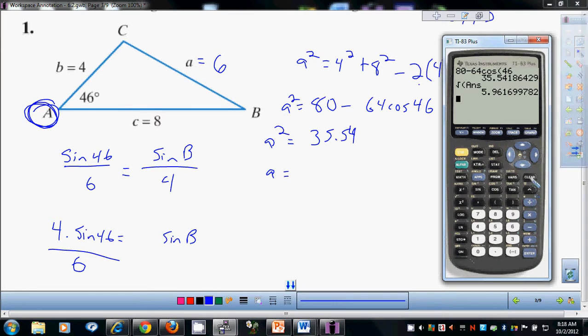Come on, Steve. Play along. Inverse sine. 4 sine 46 divided by 6. I'm going to take the sine inverse of that. And my angle is 28 point, I think it's the nearest degree up top. So 29 degrees.